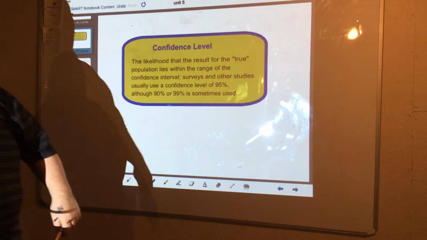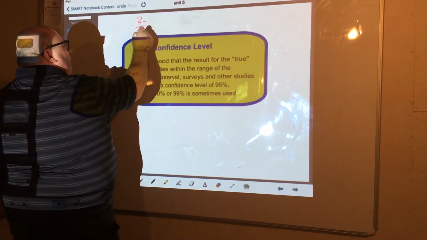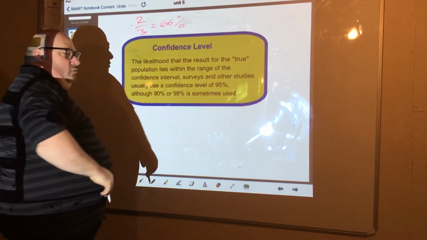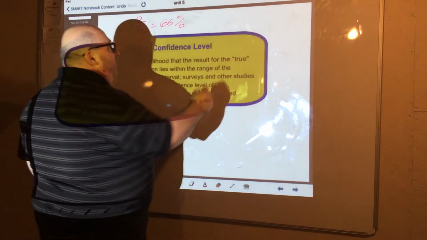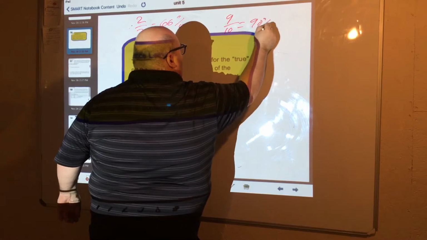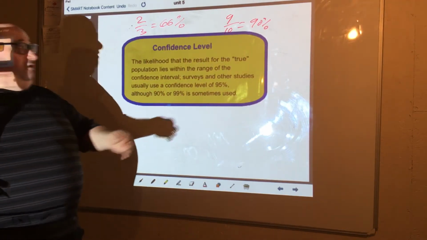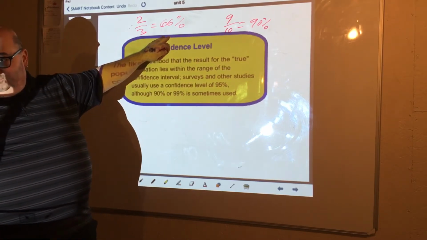What is 2 out of 3 doctors as a percent? 66%. Wow, that's not really a very good doctor recommendation. How about 9 out of 10 doctors? 90%. Oh, okay, well I feel a little bit more confident that it's 90% rather than 2 out of 3, or 66%.